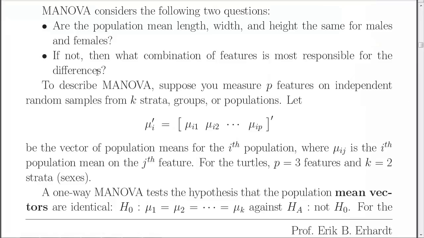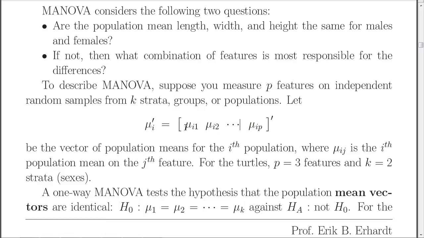All right. To describe MANOVA, suppose we have P features. In our turtle example, we have 3 features of length, width, and height, on independent random samples from K strata. In our case we have 2 strata, males and females, groups or populations, and let mu i prime, so the prime here is doing a transpose so that this looks like a row vector, be this vector of features.